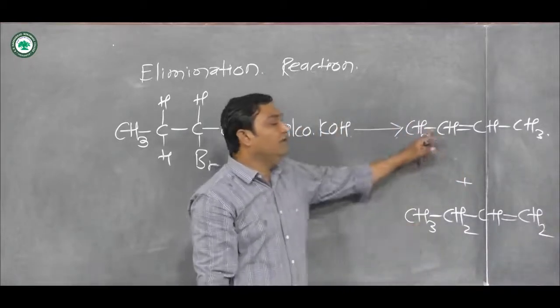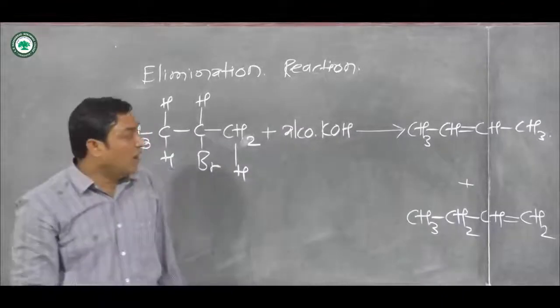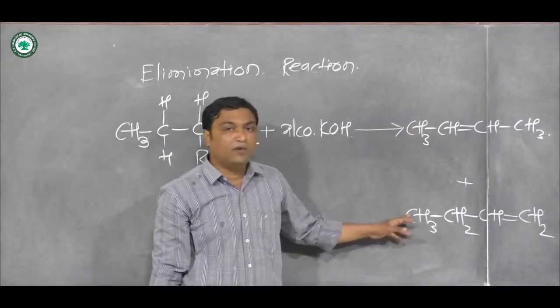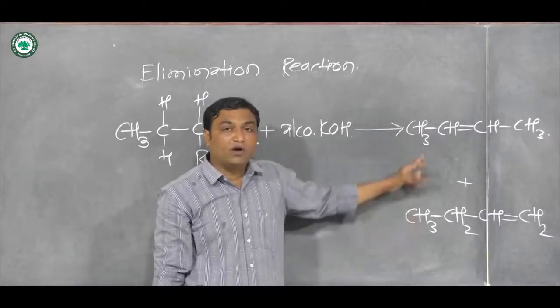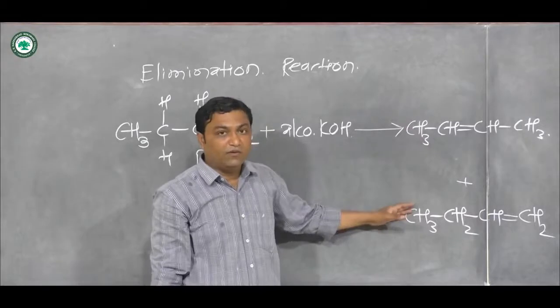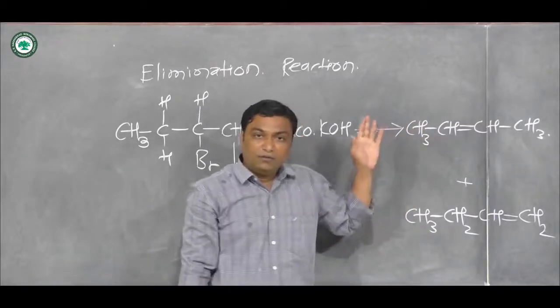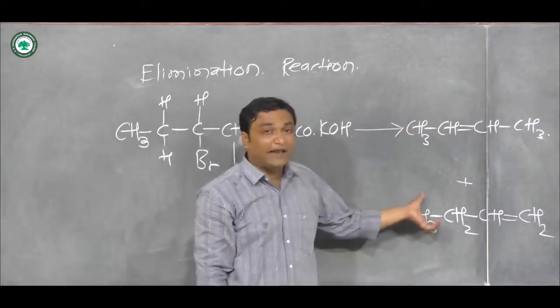These 2 products will be formed. Now, we have to discuss these 2. No doubt, these 2 products will be formed, but the amounts of product formed are not equal. Obviously, out of these 2, one will be obtained to a major extent, whereas the other will be obtained to a minor extent.